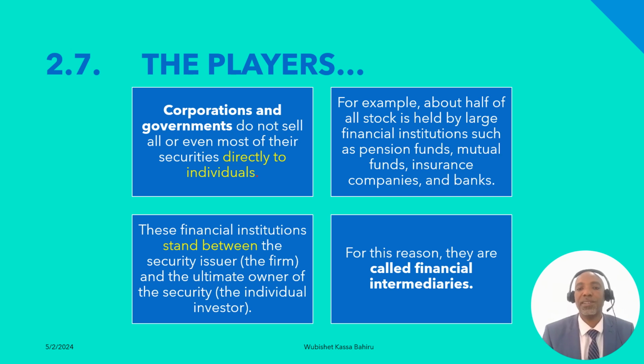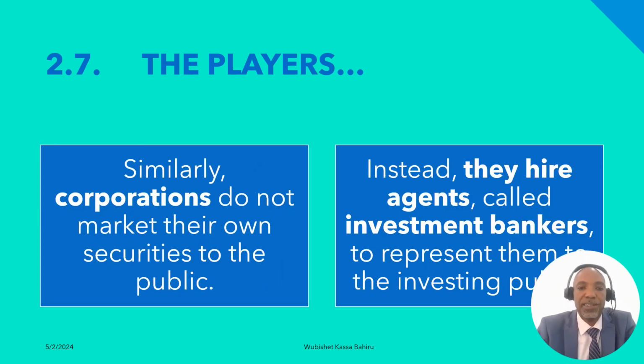For this reason, they are called the financial intermediaries in the capital market. Similarly, corporations do not market their own securities to the public. Instead, they hire agents called investment bankers to represent them to the investing public.